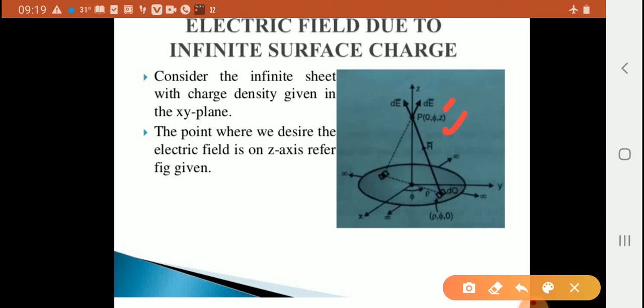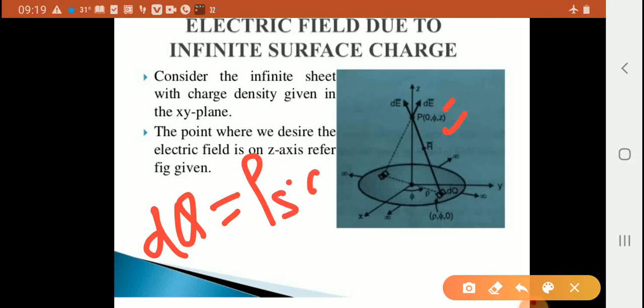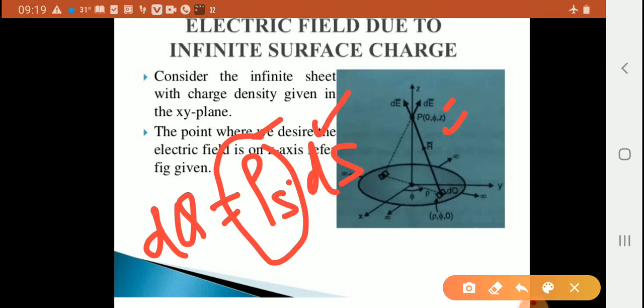Since this is a very small charge, the total charge dq equals rho s times the differential surface area ds. Rho s is the infinite surface charge distribution over a plane, and ds is a small differential surface area.